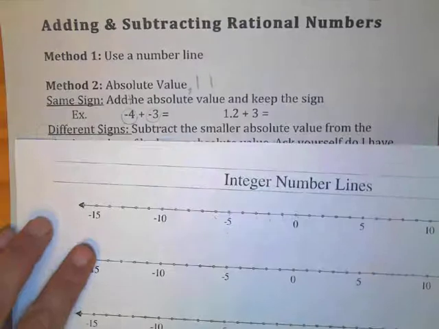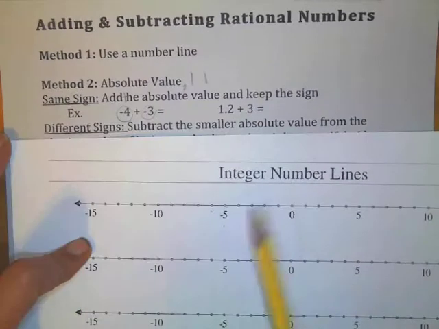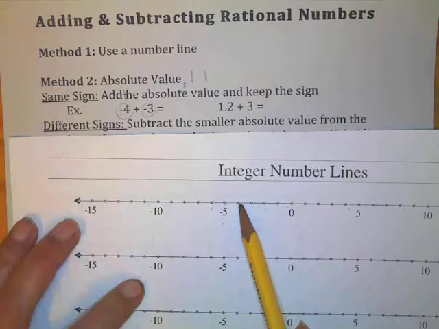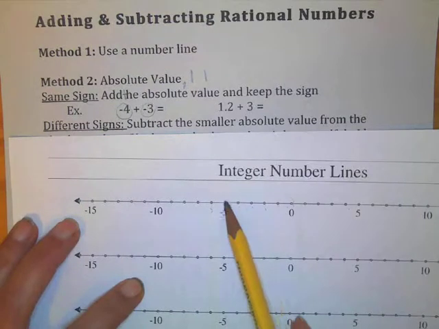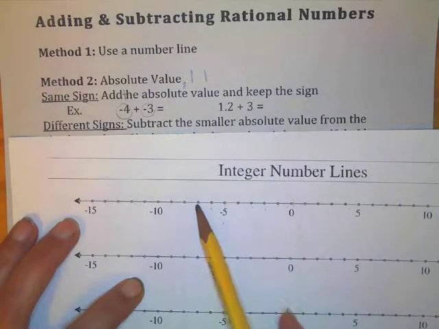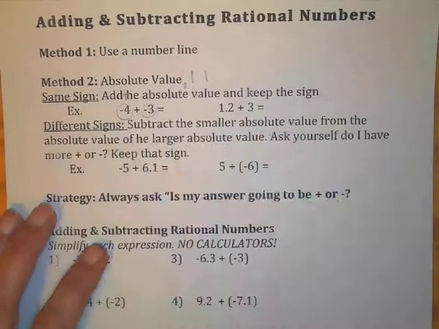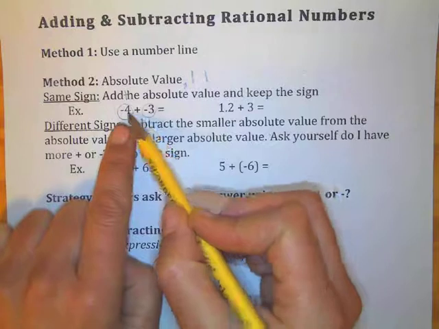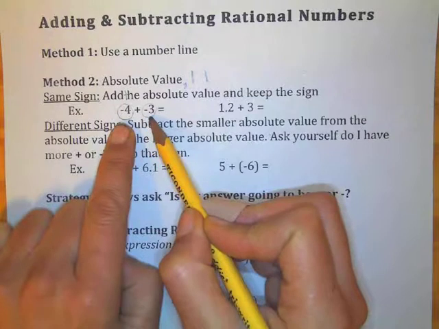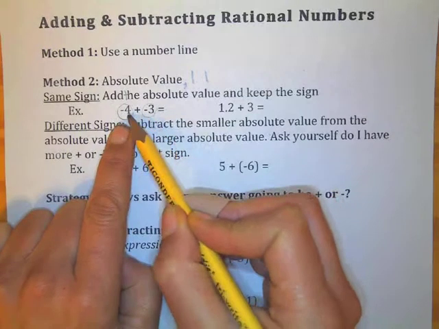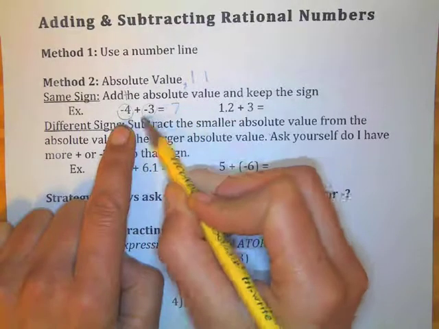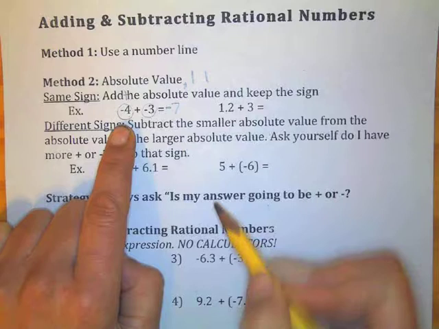If it was on a number line, I'd be at -4, and then I'm going to add -3. So I'm becoming more negative: 1, 2, 3. So I'm at -7. In terms of absolute values, the absolute value of -4 is 4, the absolute value of -3 is 3, 4 plus 3 is 7, and overall I'm only negative, so my answer is negative.